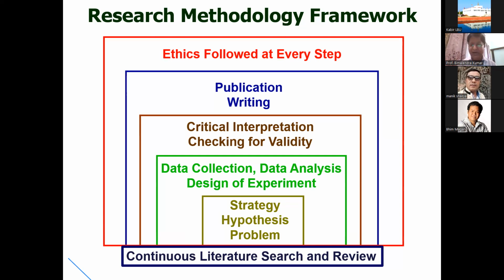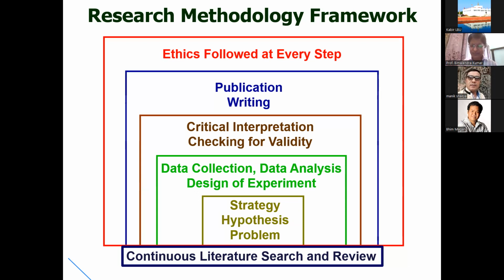Then second is the hypothesis. Hypothesis is the parikalpana or anumana, the present solution which arises in your mind related to your research problem, that is, how you can solve your research problem. This present solution of your research problem is called a hypothesis. And then comes a strategy.